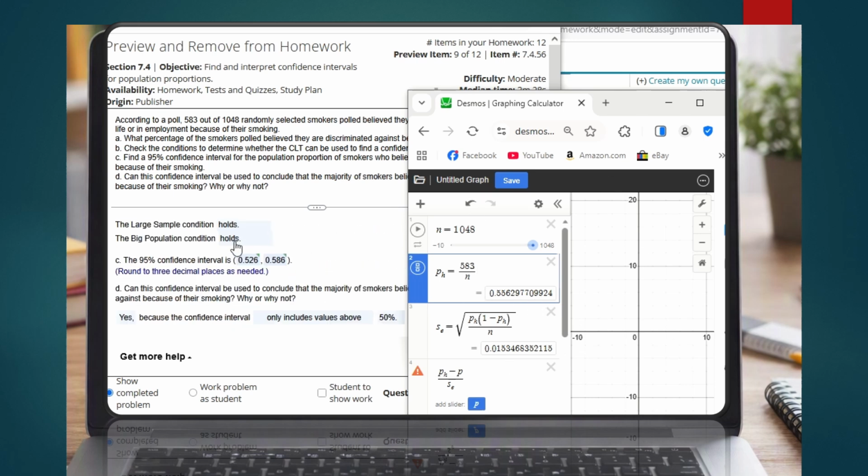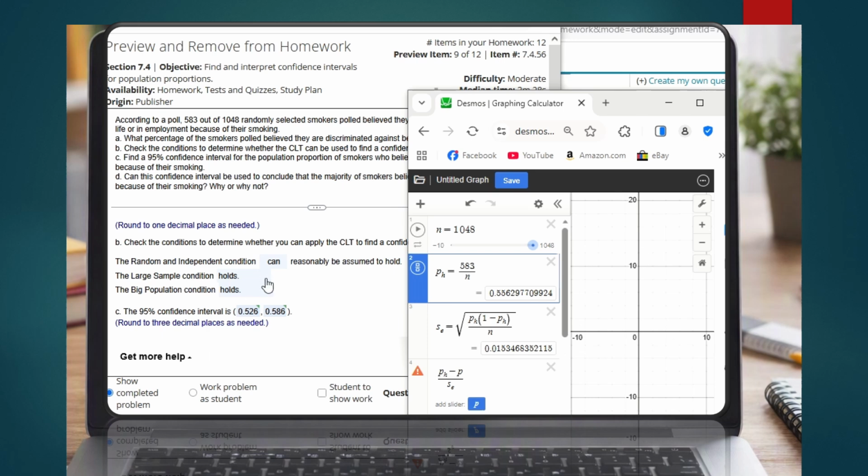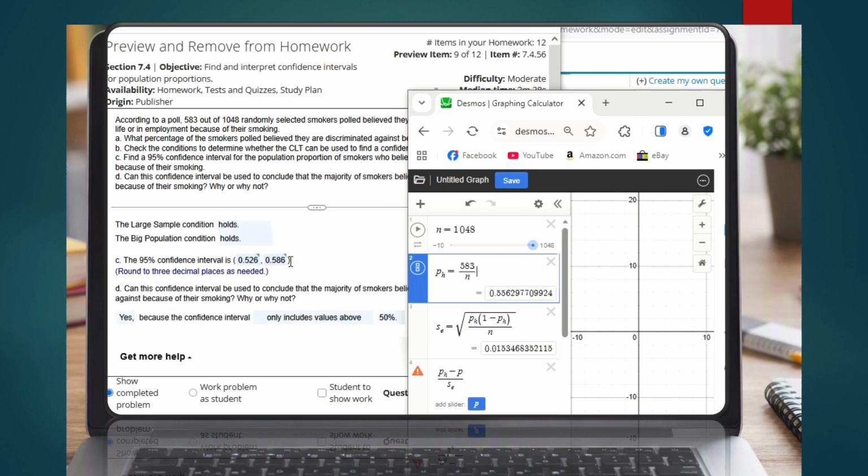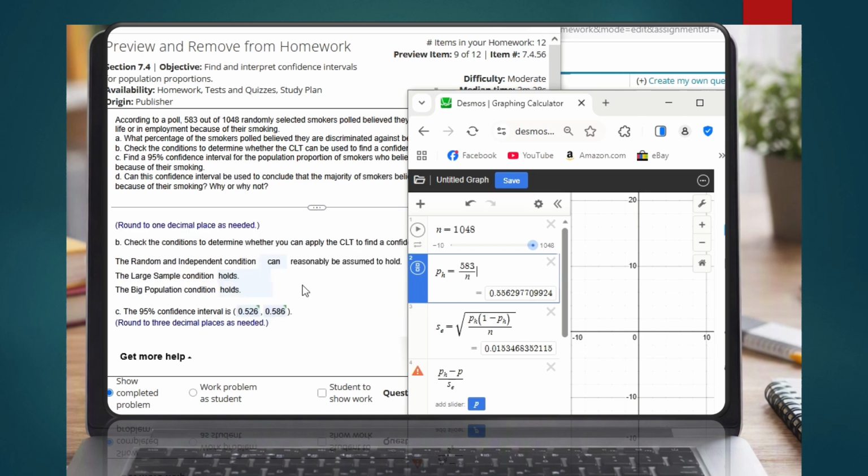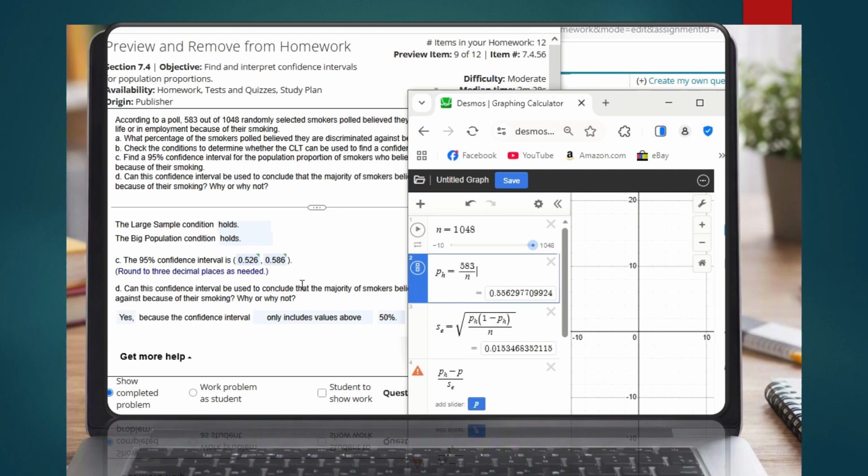So then we can go down, and then we have the conditions. We've done those several times. Remember to check those, because some of those are not going to hold. Don't just click that it will hold. Make sure they are going to hold. So now we're going to do a 95% confidence interval.